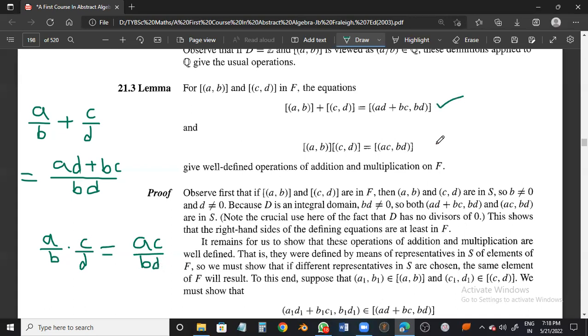Have you followed these definitions? Okay.